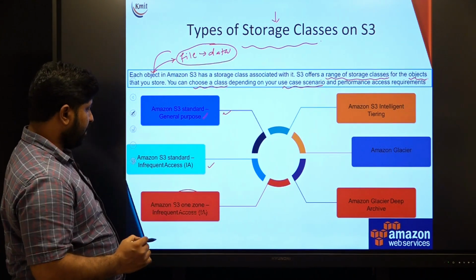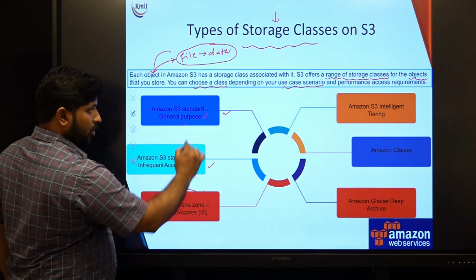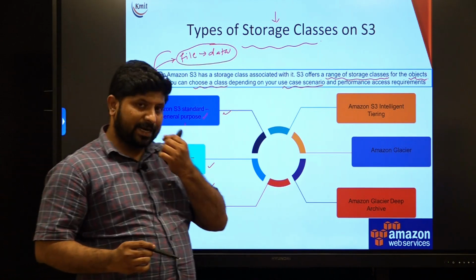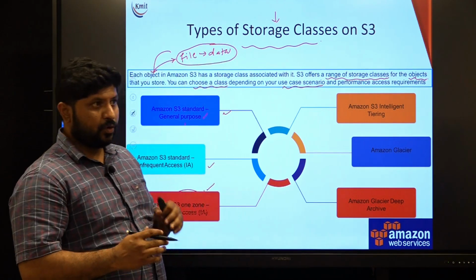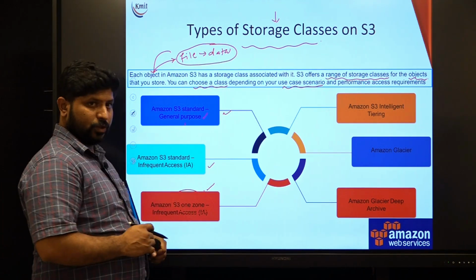What does single zone mean, and what is the difference? With the single zone, if you don't think that data is that important and you need not replicate the data, then you can go with one zone.